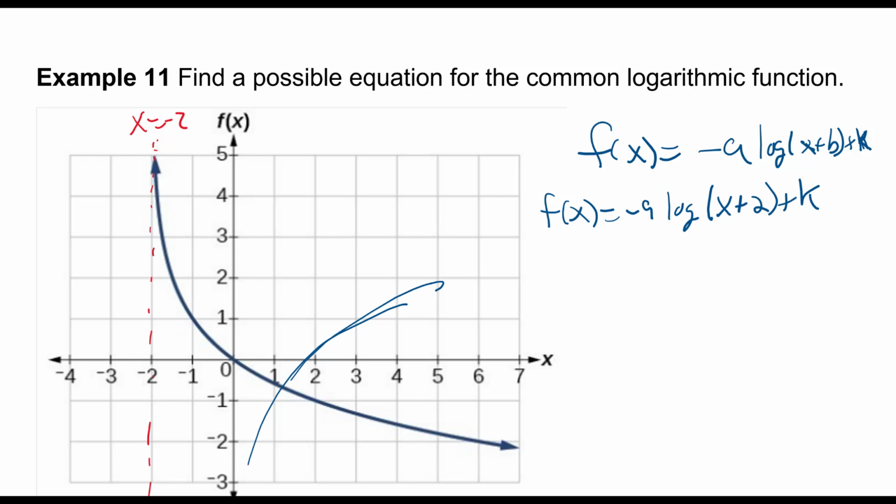So looking for a couple of points, I see right here at -1, 1. I'm seeing something here at 2, -1. Let's use those points to see if we can fill the rest of this in.